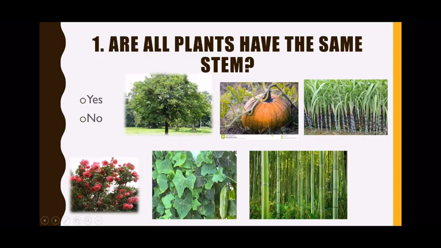This is tamarind, this is squash, this is sugarcane, this is bamboo, this is ivy gourd, and this is Chinese rose. Do they have the same stem? If you think they have the same stem, you check yes. If you think the stems of these plants are not the same, you check no.